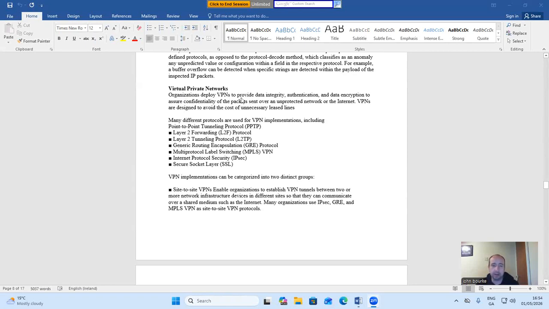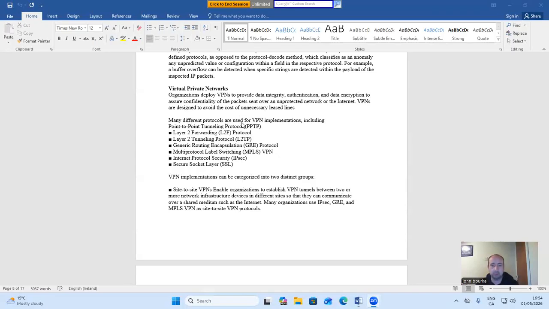Virtual private networks. Organizations deploy VPNs to provide data integrity, authentication, and data encryption to assure confidentiality of the packets sent over an unprotected network or the internet. VPNs are designed to avoid the cost of unnecessary leased lines.